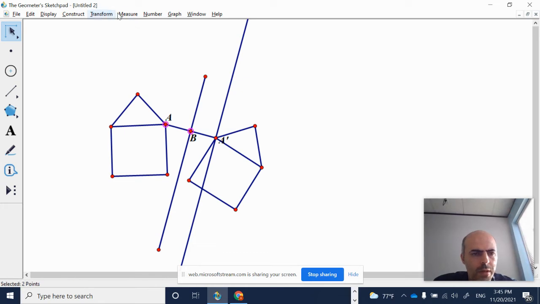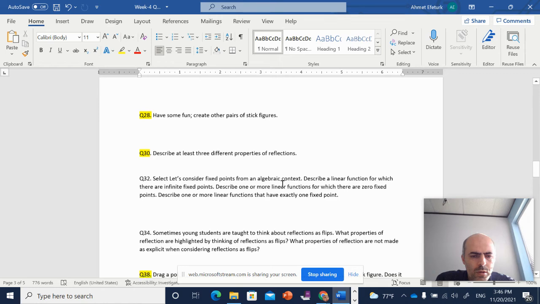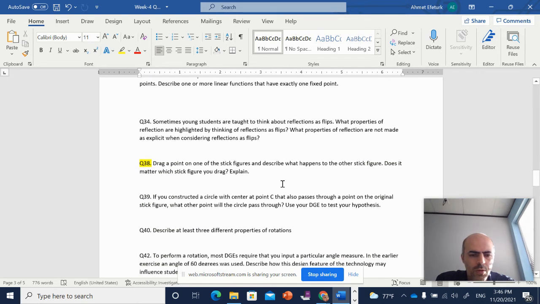Between A and B, whatever the distance is, it's written here, and between B and its reflection, when we see the distance, it is absolutely the same. There is no difference. We can go for any corresponding points and we will come to the same conclusion. So we have described the three different properties of reflection.